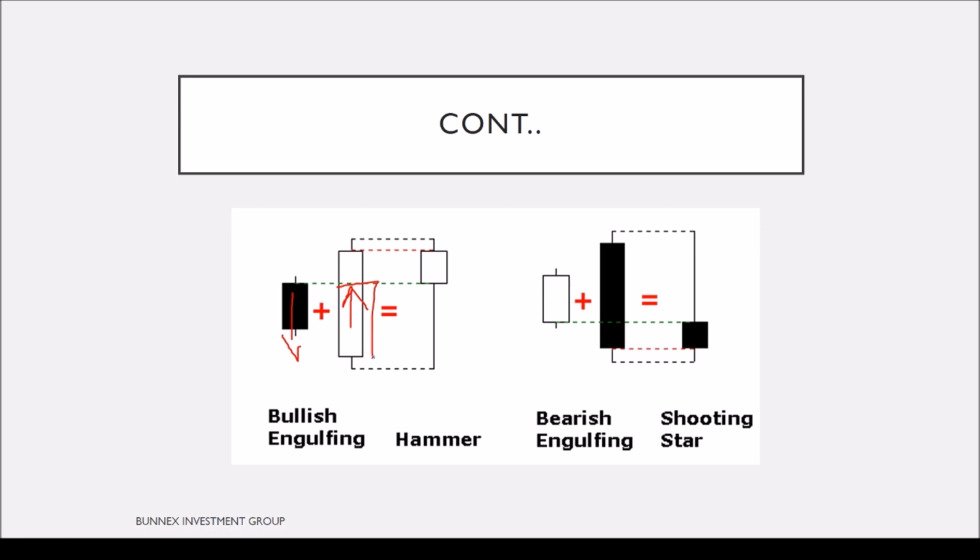This part has been eaten up by this one when we added them, and we have a resultant of this pattern. Then the inverse is also true. When this was going up and this was coming down, adding these two will result in this pattern.